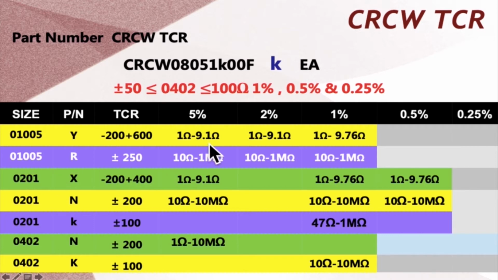From 1 ohm to 9.1 ohms, in 5%, 2%, 1%, there's no 0.5% and 0.25% in this range for 01005.